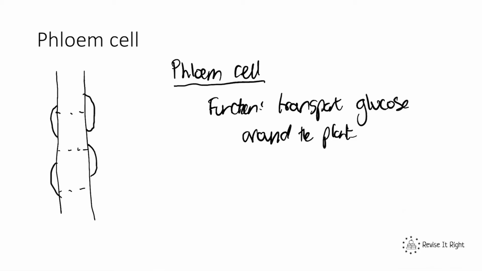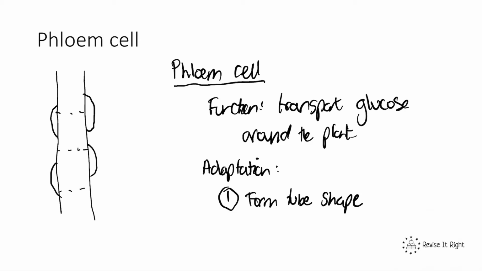Now adaptations, again we can take an adaptation from the xylem cell, that they form a tube. It forms a tube shape. Again, this just makes it easier and more efficient to transport glucose around the plant. Number two, they contain these here. As you can see, it's not just a straight gap, but it's more like sieve plates, as we call them.